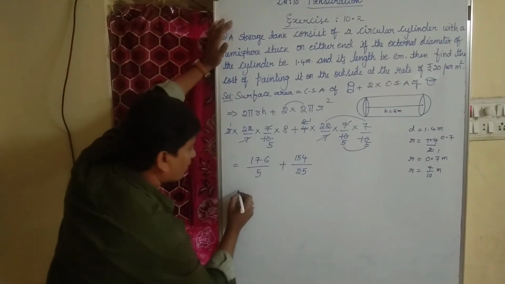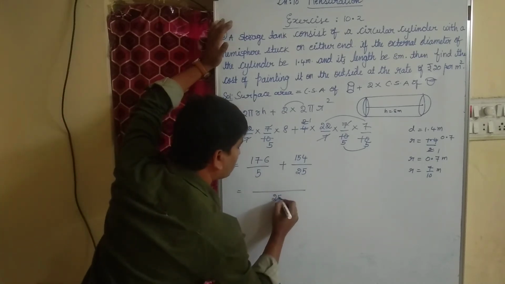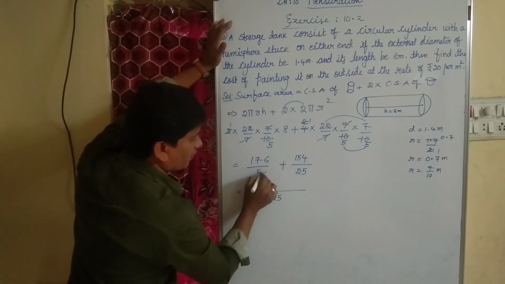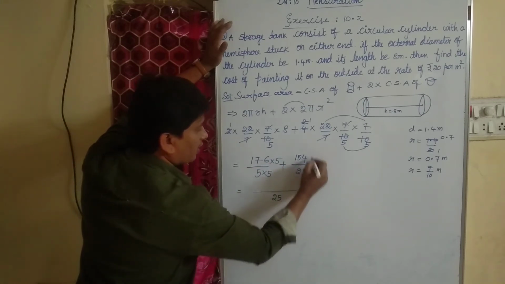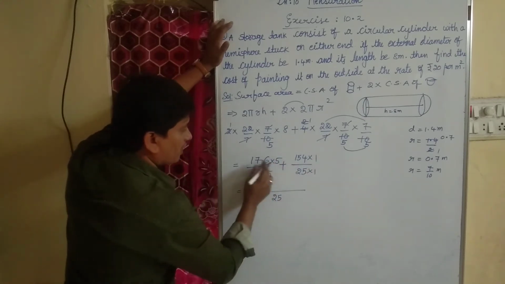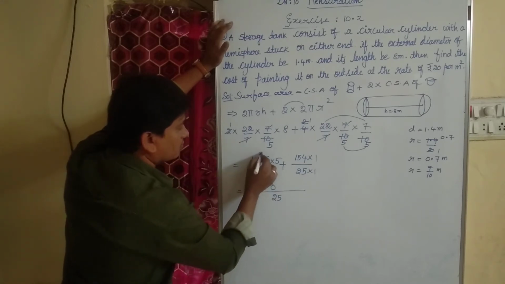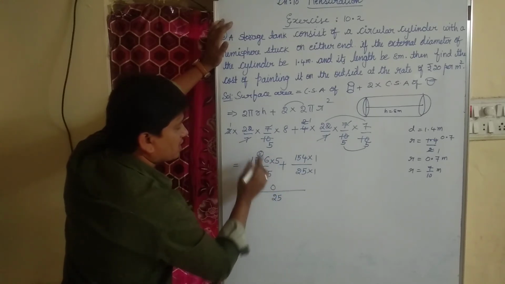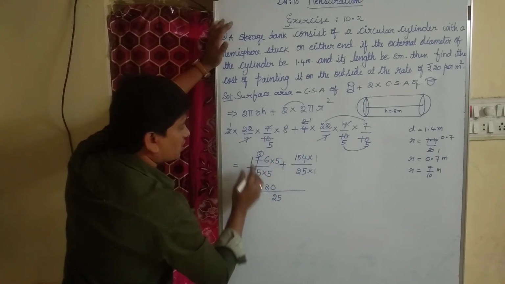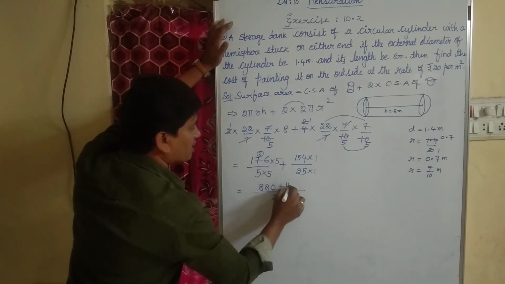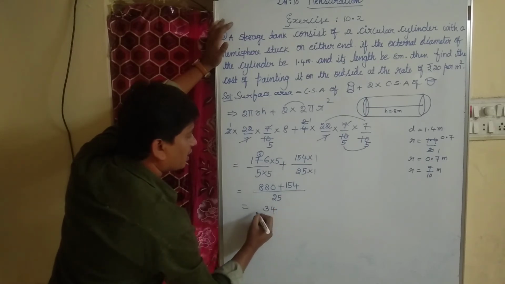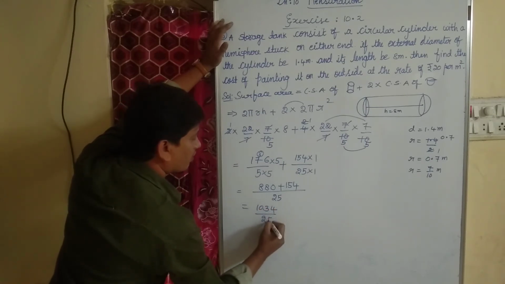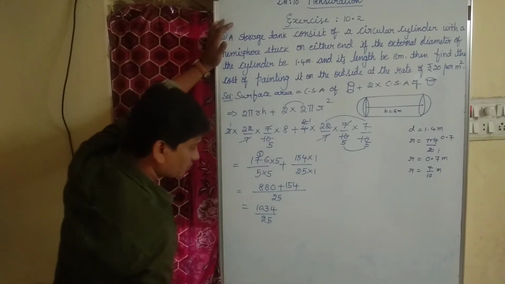The LCM of 5 and 25 is 25. So 25 into 1, and 5 into 5. Then 176 times 5 is 880, plus 154, that is 1034 divided by 25.